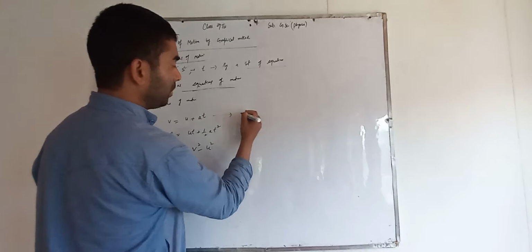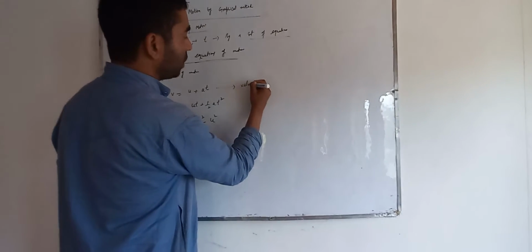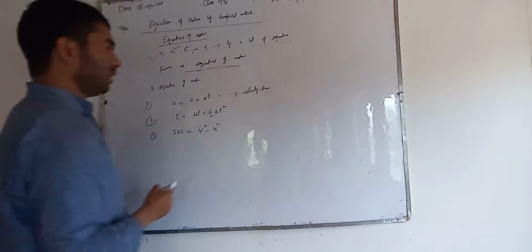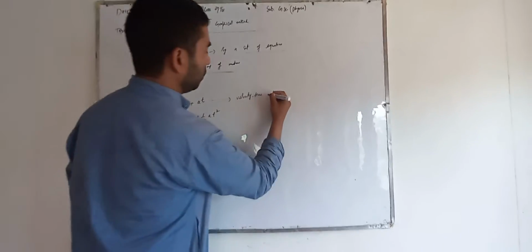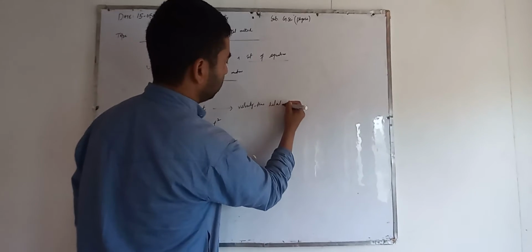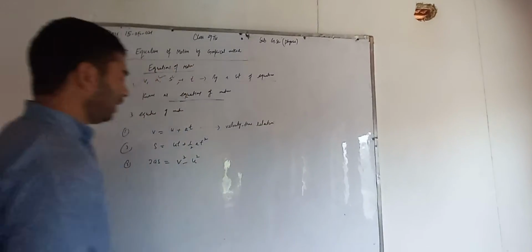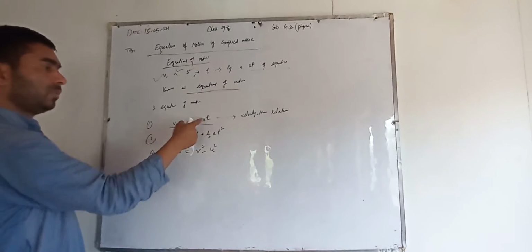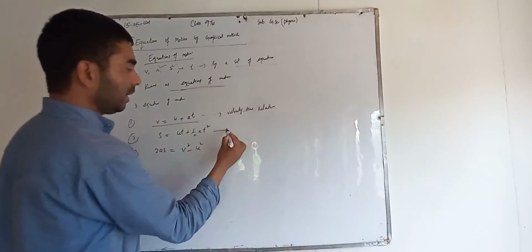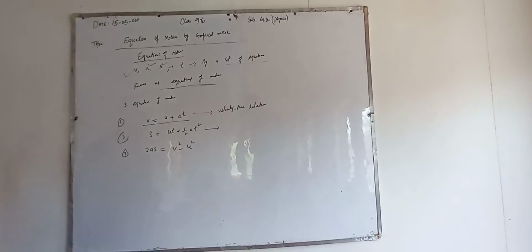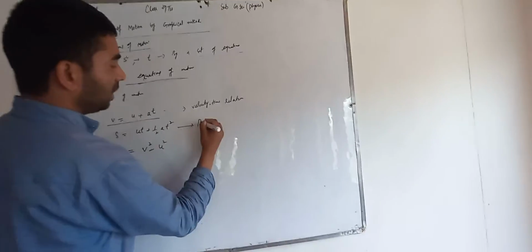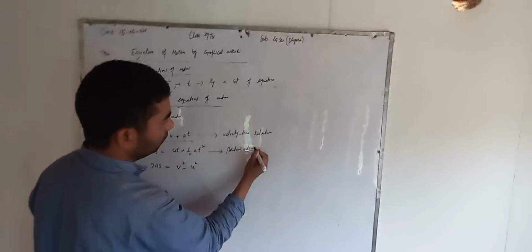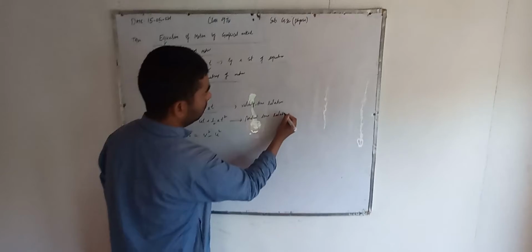This equation first represents velocity time relationship, ठीक है. That is v is equal to u plus at. And the equation second represents the position time relationship.